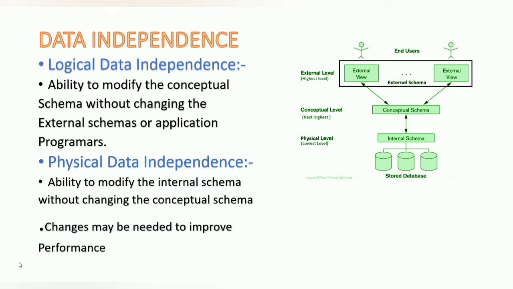The next one is physical data independence. Physical data independence is the ability to modify the internal schema without changing the conceptual schema. When we make changes in the internal schema, we do not have to change the conceptual schema, because here physical data independence plays its role between these two. Changes may be needed to improve performance.